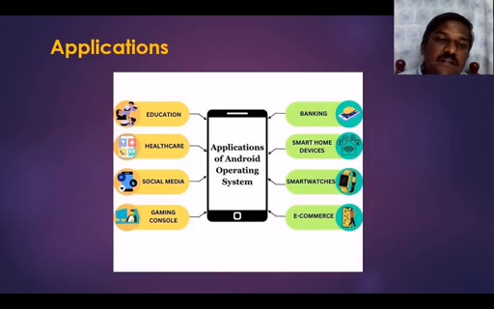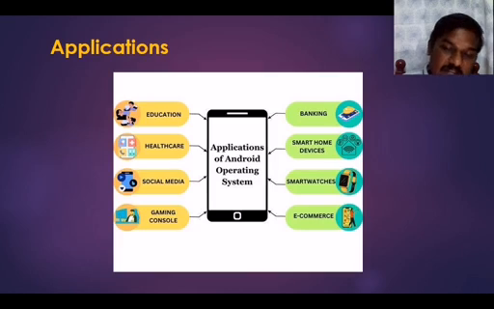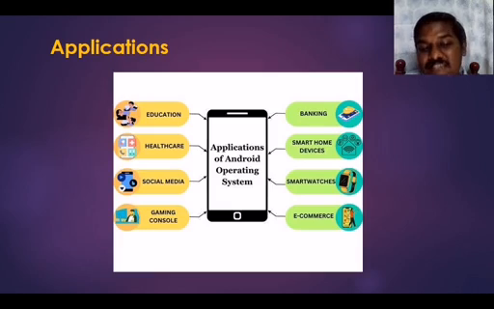Then finally, we have the applications. Where exactly are Android applications used? See, these are some of the applications where we use the Android OS in the form of mobile: education, healthcare, social media, gaming console, banking, smart home, smart watches, and e-commerce. In healthcare, with the help of an Android device, we can monitor or track the patient's case history.